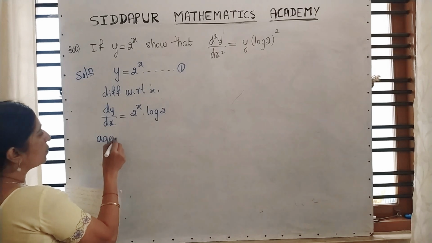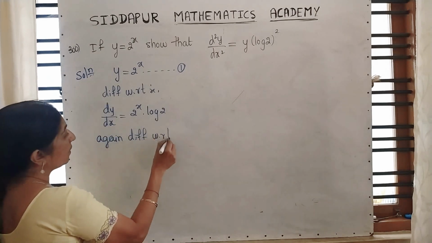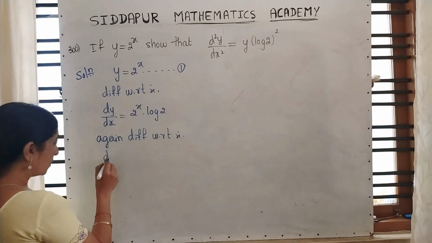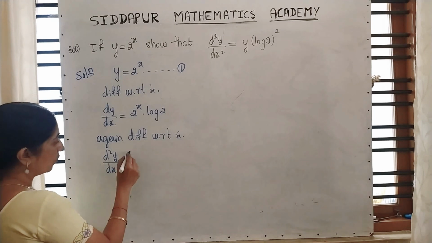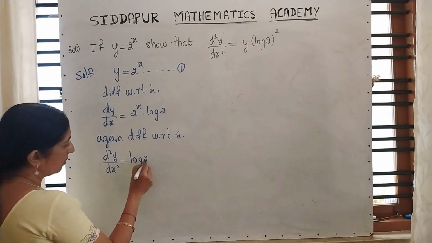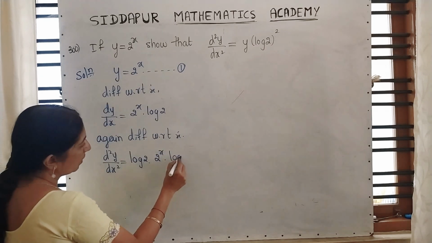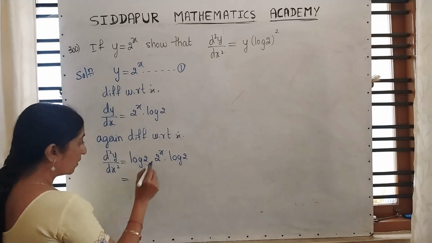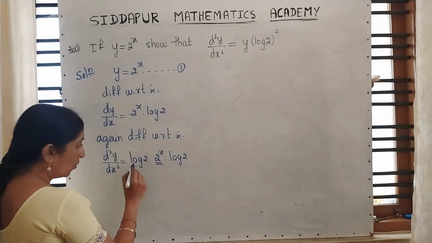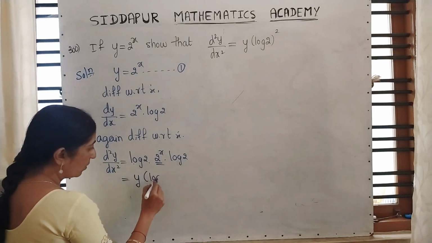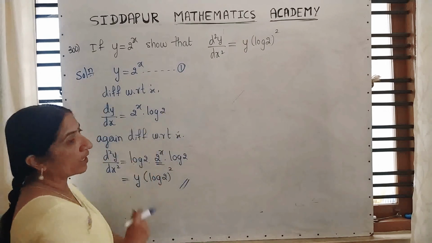Again differentiating with respect to x. d square y upon dx square is equal to, keep log 2 as it is, differentiation of 2 raised to x is 2 raised to x into log 2. See, what is 2 raised to x? 2 raised to x is y. Log 2 into log 2 is what? Log 2 whole square. This is the required answer.